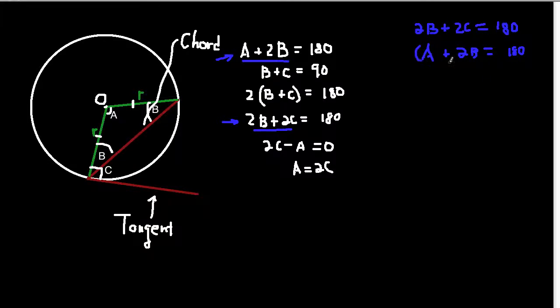Okay, so I'm subtracting this from that. So if I do that, I get 2B minus 2B. Those two cancel. I get 2C minus A. And then when I subtract 180 from 180 there, I get 0. So I get this expression, which tells me that 2C is equal to A.